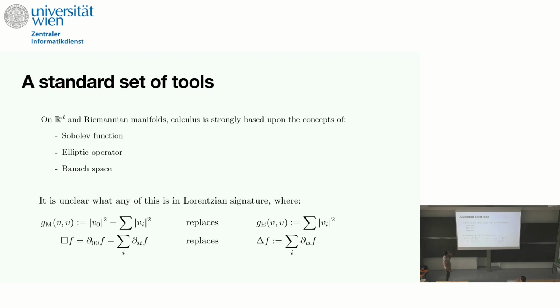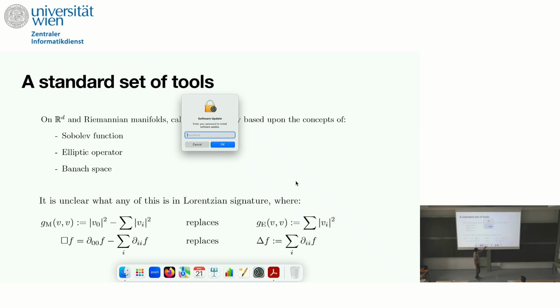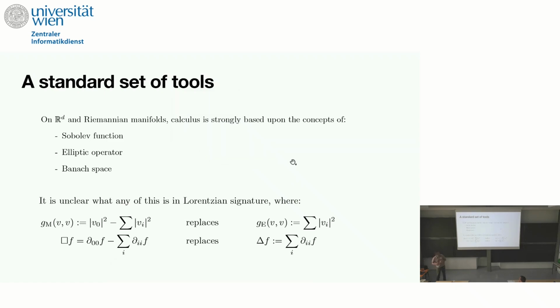The starting observation that everybody knows, but I really want to emphasize, is that it's really not clear what any of this is in Lorentzian signature. Say that we replace the Euclidean metric tensor with the Minkowski one.